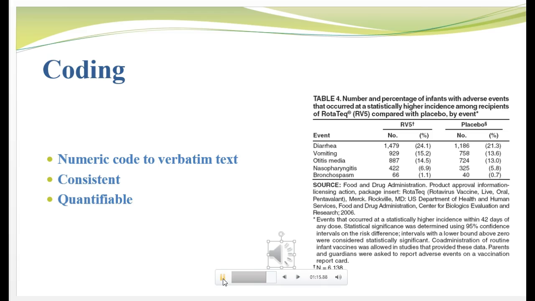Sorry, I know these are awful examples, but this is the type of data you get. So all of those descriptions of diarrhea needed to be rolled up into one single term so that you could account for the total number of them in the trial. So essentially, coding is assigning a numeric code to the verbatim text so that you can quantify it and analyze it.